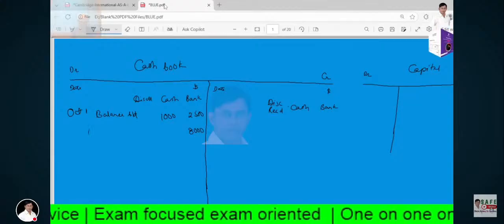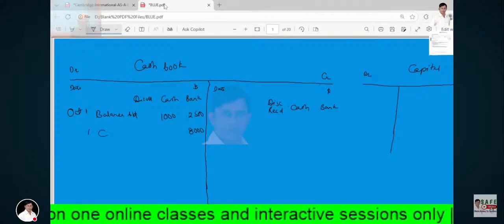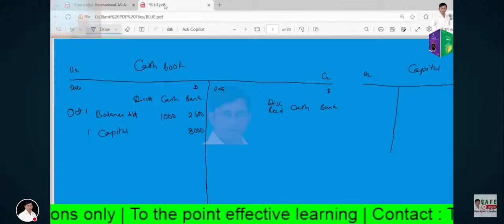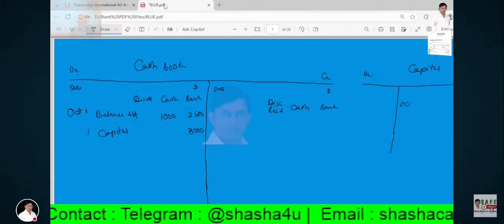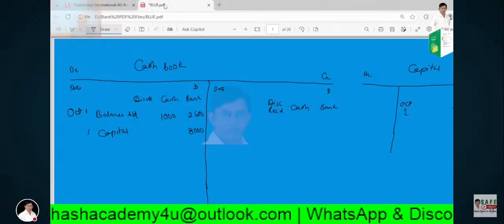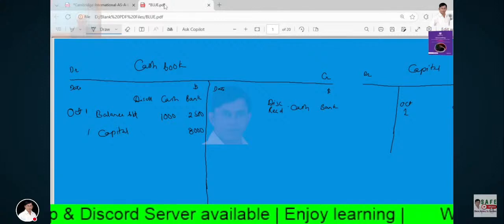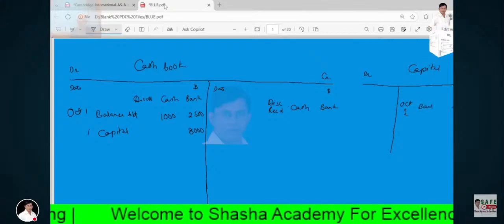Debit bank account, and who is giving it? It is capital. So complete the entry here. It is bank; we received through bank.